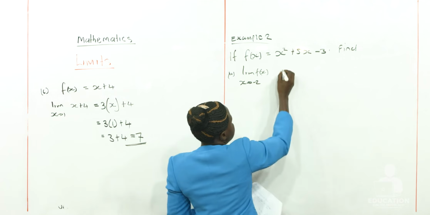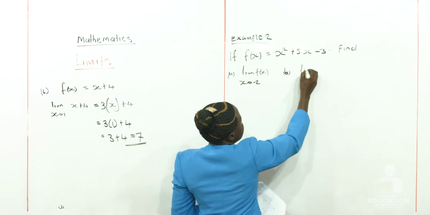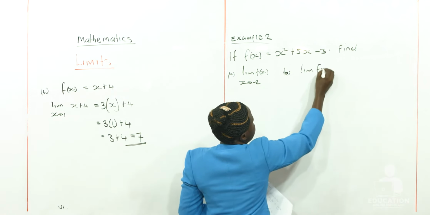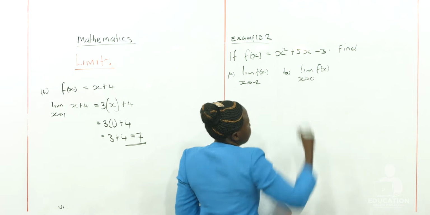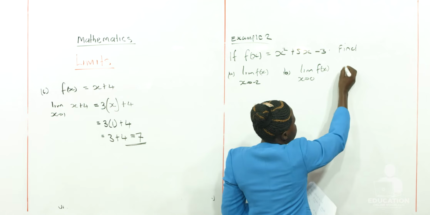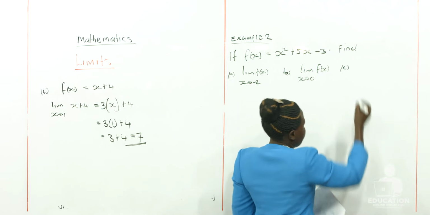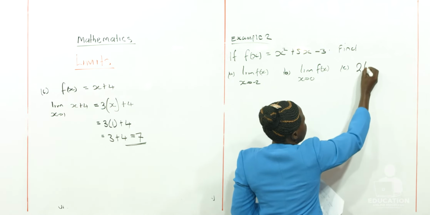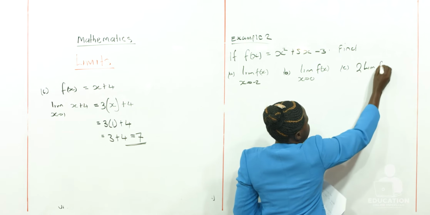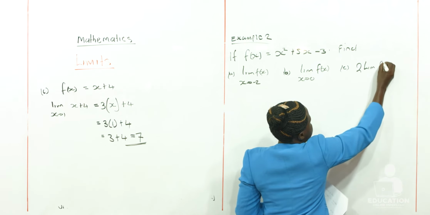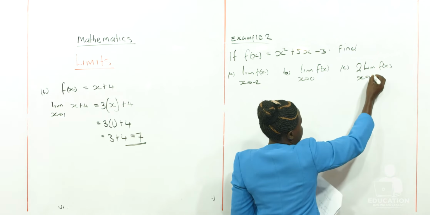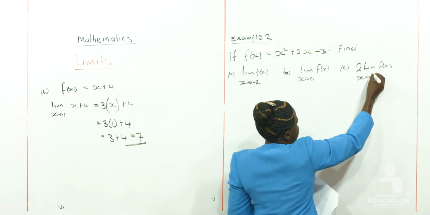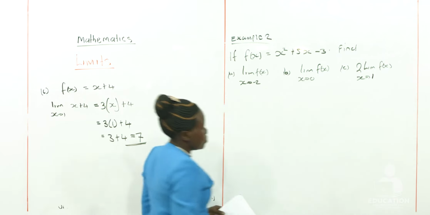And then part B says limit f(x) when x is approaching 0. And then part C, we have 2 limit f(x) when x is approaching 1.